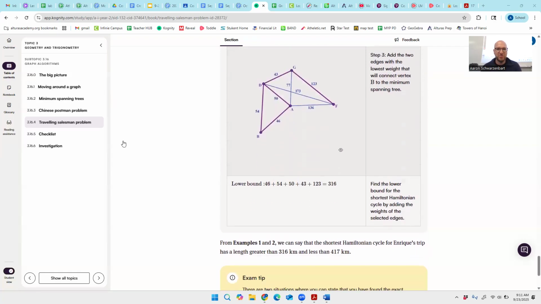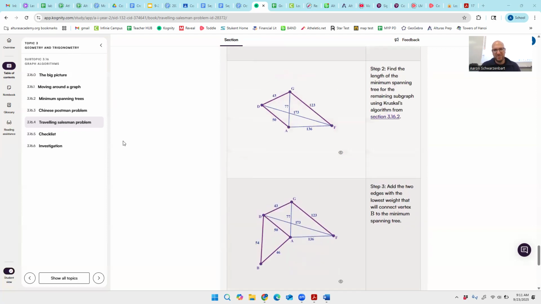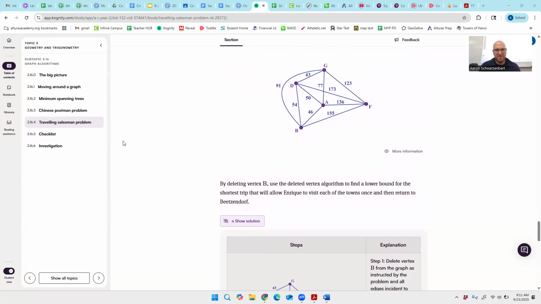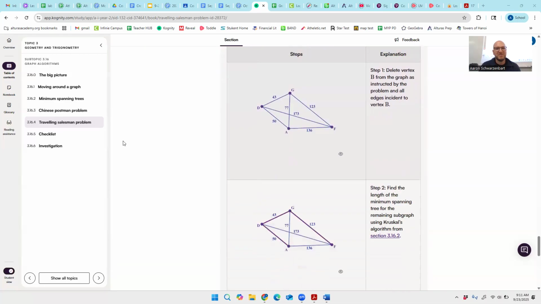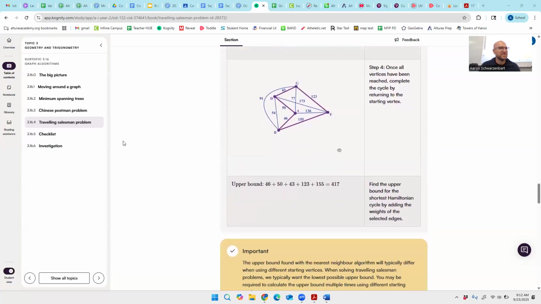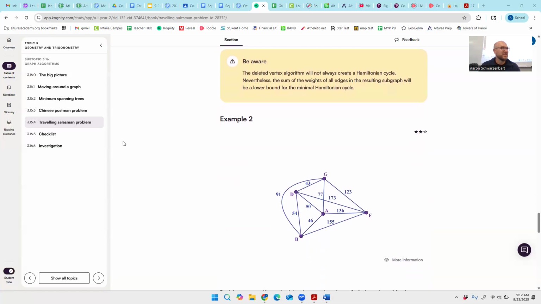We add the two shortest, which was 46 and 54, and the lower bound was 316. It is going to be at least 316 miles or dollars or whatever this is in. Okay. The answer is going to be between 316 and 417, somewhere in there.